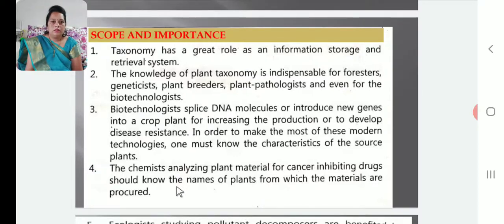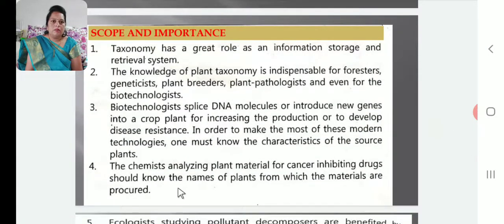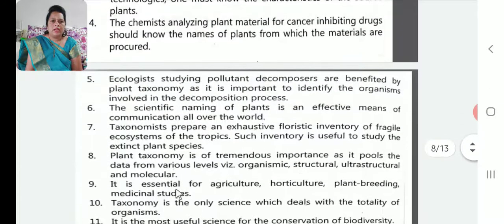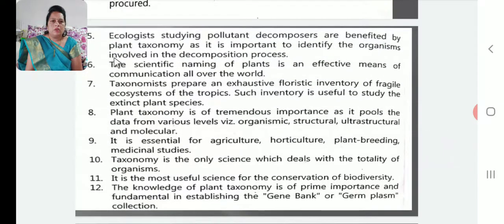Chemists who analyze plant material for cancer inhibiting drugs should know the name of the plant from which the material is procured. Next, taxonomical knowledge is useful for the ecologist. It is also useful for giving a scientific name to the plant.